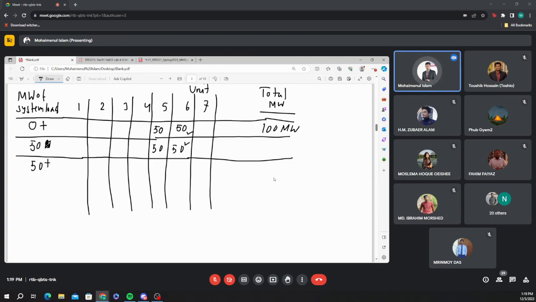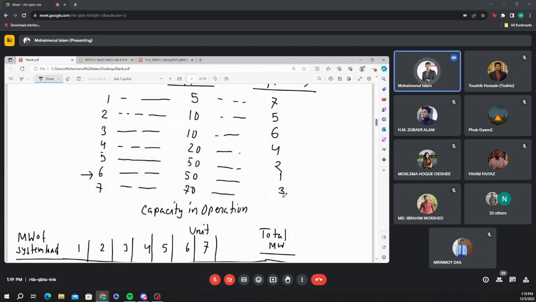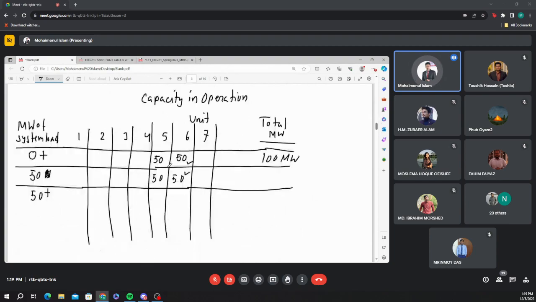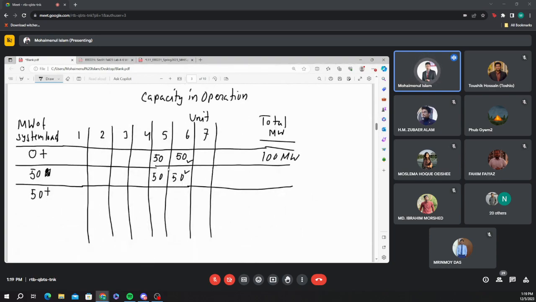So what should be the another plant? The third one. The third one is, you see, 70 megawatt. So we are turning on the third generator. First one, second one done. Third one is 70. So turn on the third one. So in the second case, it is 100, but in the third case, 50, 50, and the third one is 70. You turn it on. So what about the total load demand?